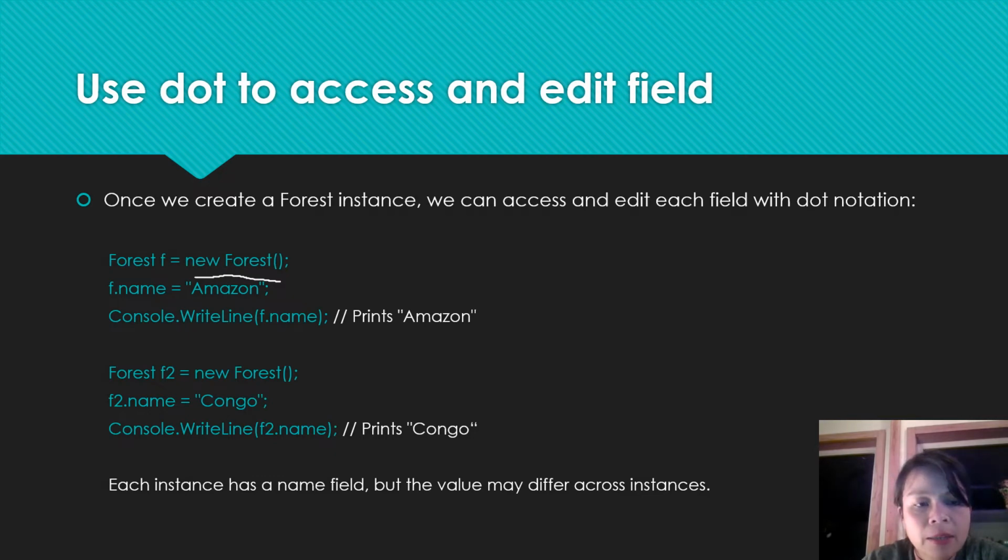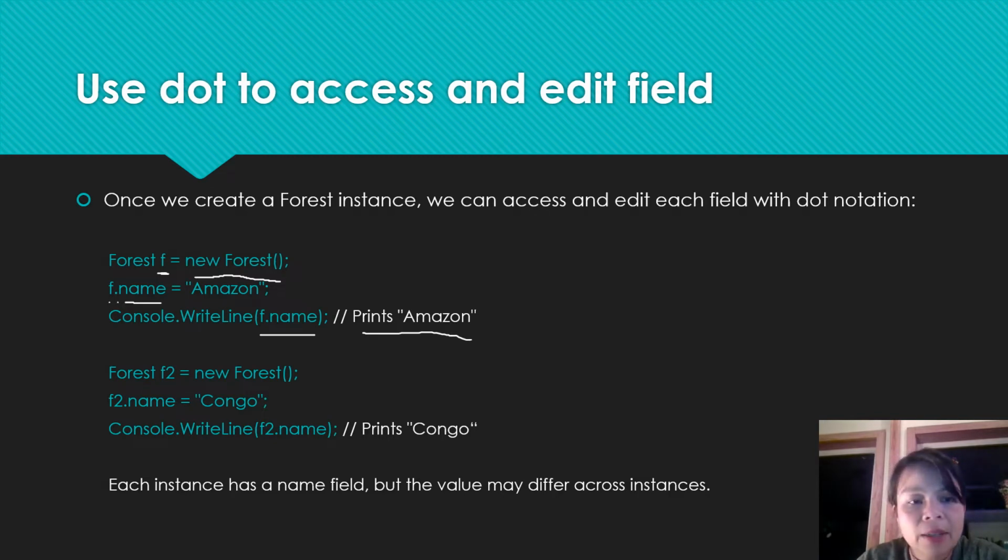We've created F here as a new forest instance, so we can access that object's field name by going F.name, and then we're changing that from its default value of null to Amazon. Now if you print F.name, it should print Amazon. So why don't you follow along in Visual Studio with me and write this in and check it yourself.